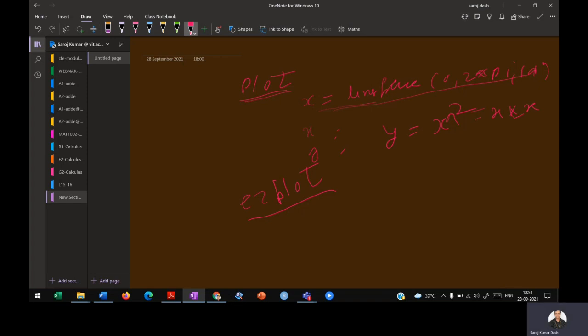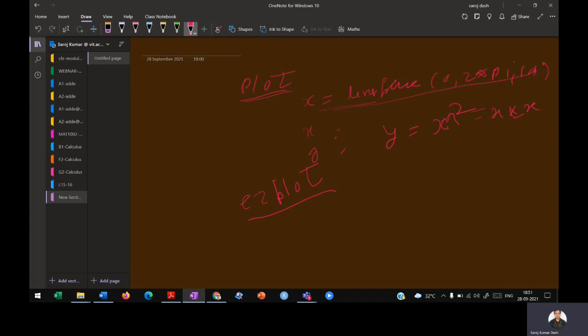Matrix multiplication depends on the numbers of rows and columns, so sometimes it's not possible, and sometimes it will not give what we require. Because what we require is, for each value of x, x square. Suppose if we take x as 1, 2, 3, then 1 square means 1, 2 square means 4, 3 square means 9. Those values we require. For that purpose, either you put x dot square, that's okay.